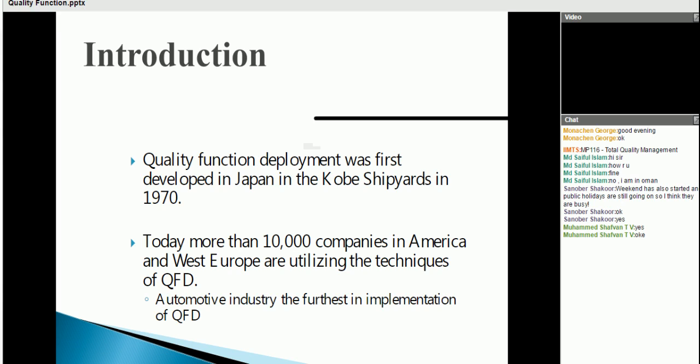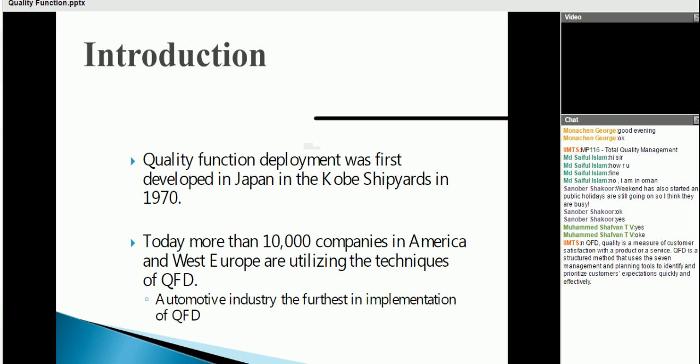It is a measure of customer satisfaction with a product or service, and it is a structured method that uses 7 management and planning tools to identify and prioritize the customers' expectations.